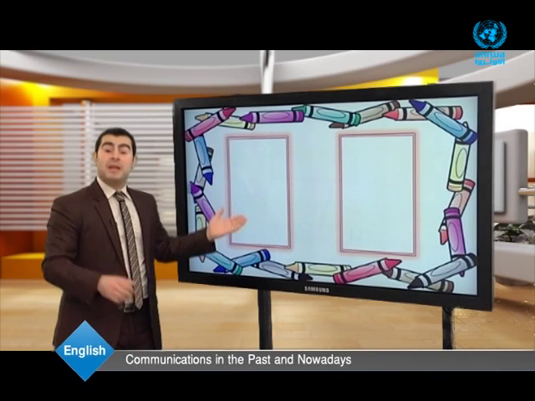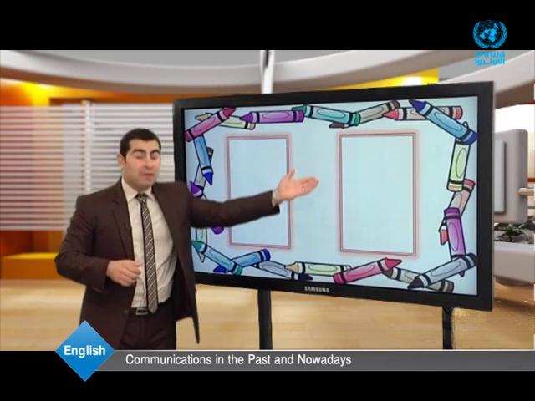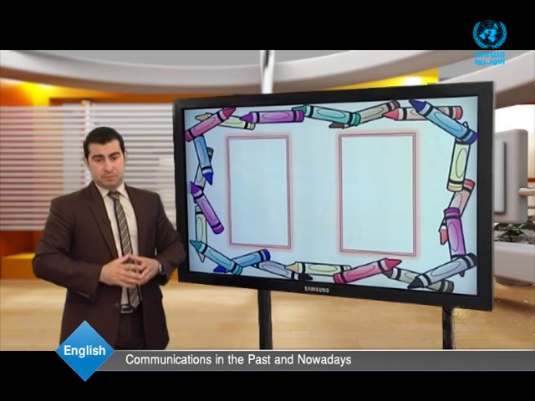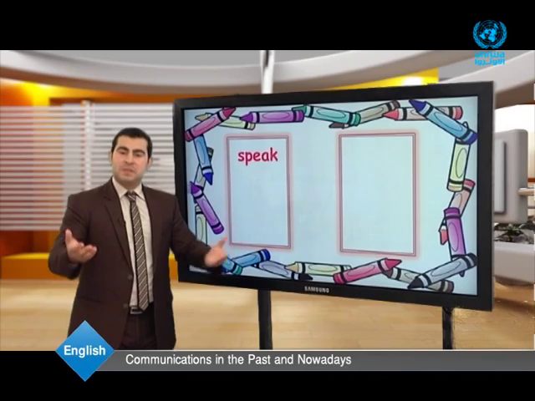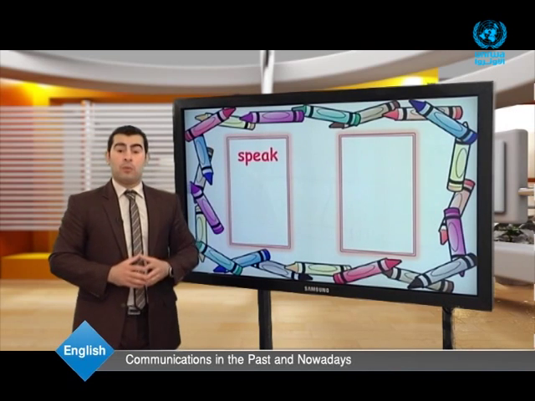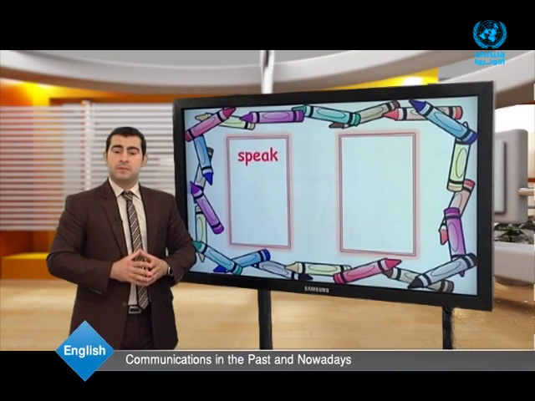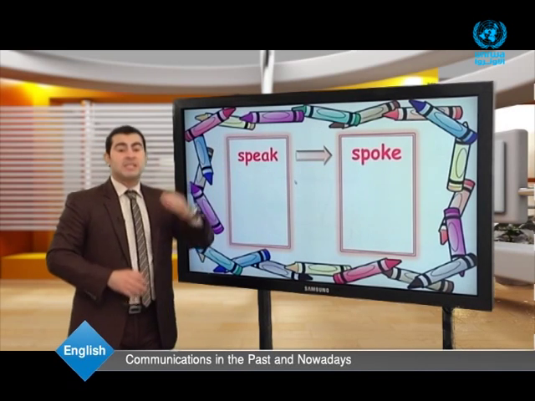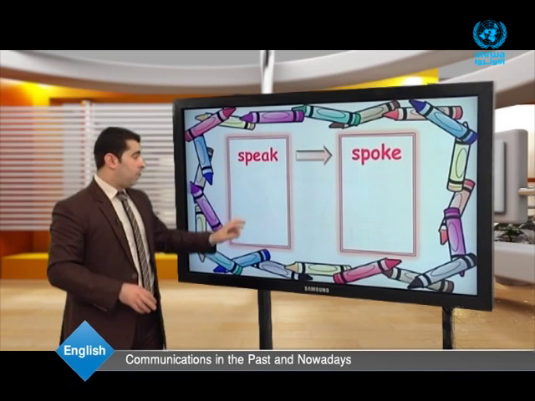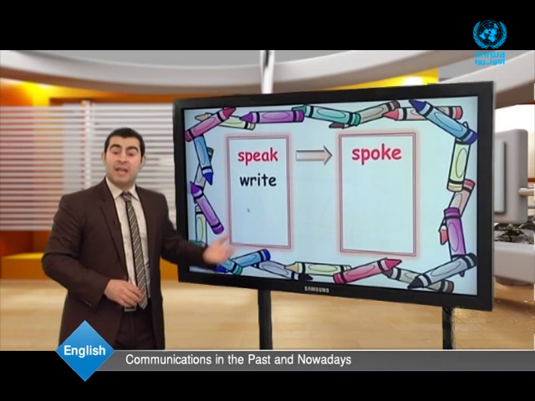Now, dear students, let's look at these 2 lists. We have the verb in the first form and the verb in the second form. Now, let's have the verb speak. Can you give me the second form of this verb? Great. Of course, it's spoke. So, speak, spoke. Another verb. We have write.